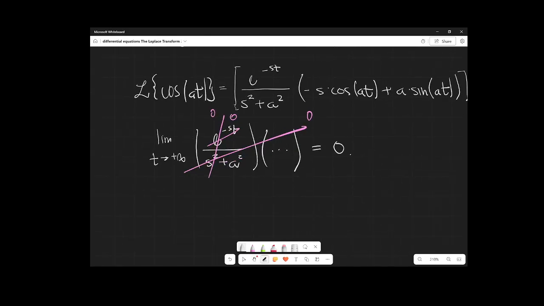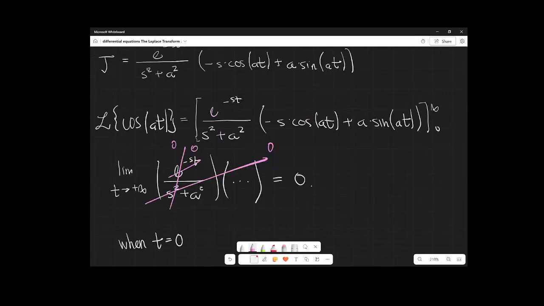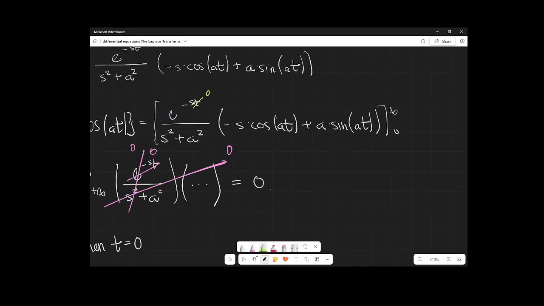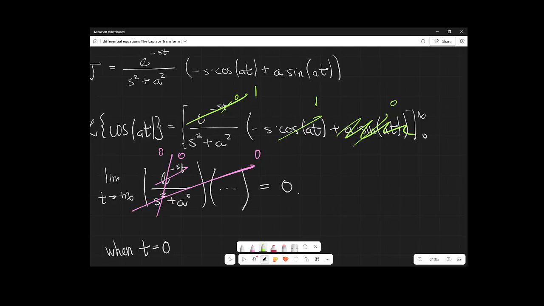Which just means that the upper limit is 0. Okay, now for the lower limit, let's say when t equals 0, because the integral is from 0 to infinity. We evaluated that upper bound to be equal to 0. However, when t equals 0, in this expression, we end up getting a, so if that's 0, that means that is 1. What's cosine of 0? It's 1. What is sine of 0? It's 0. So that term goes completely away. We're left with the negative s right here times 1.